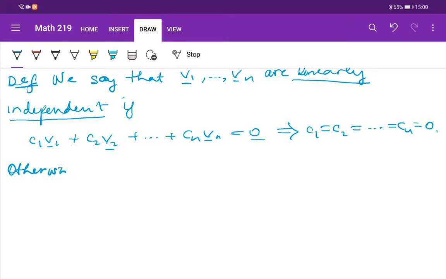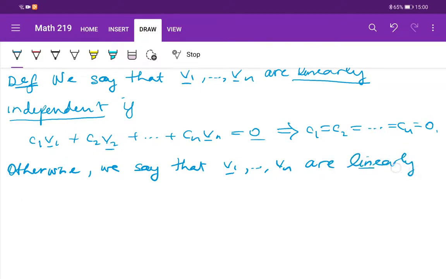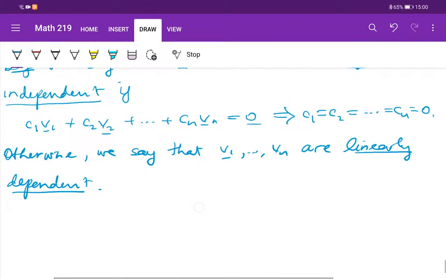Otherwise, we say that the vectors v1 up to vn are linearly dependent.